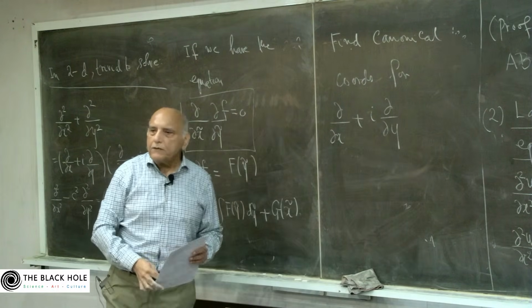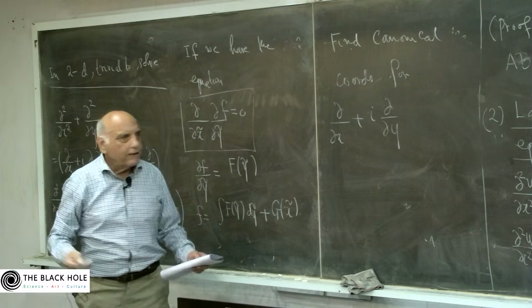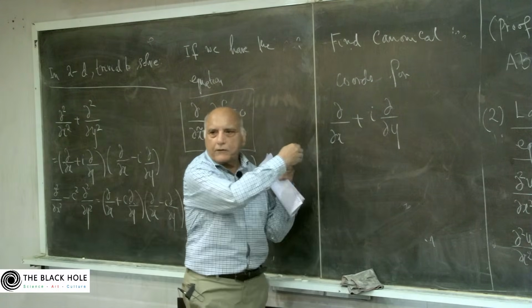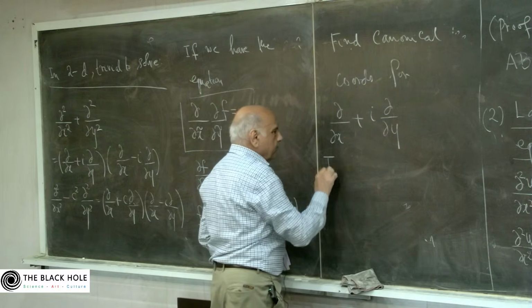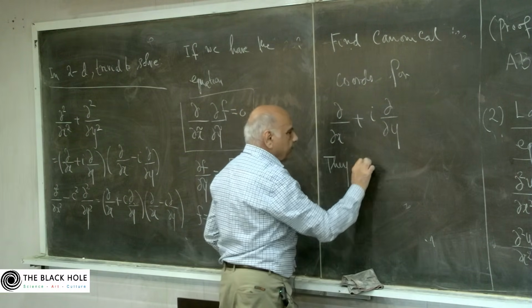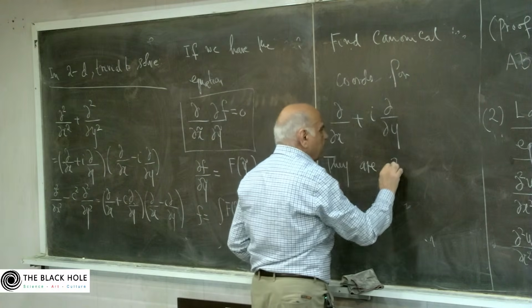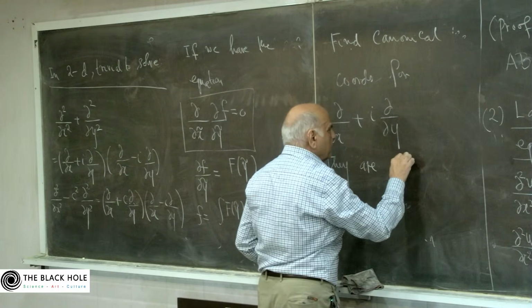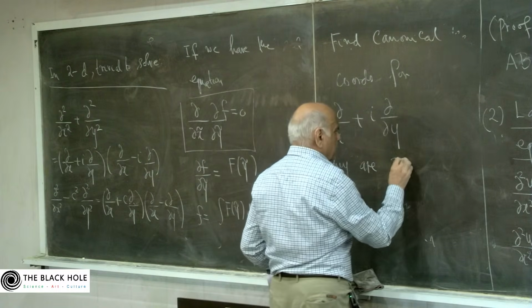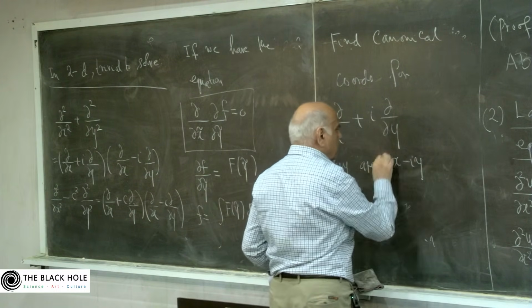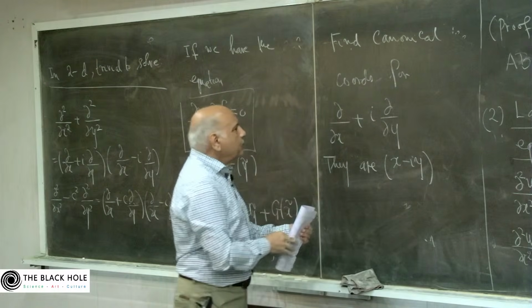Okay. So here you can just guess it, right? I gave you a full procedure, but here you can do it directly. So when I apply x plus iy, I think it should be x minus iy, right? When I apply x minus iy, what do I get?